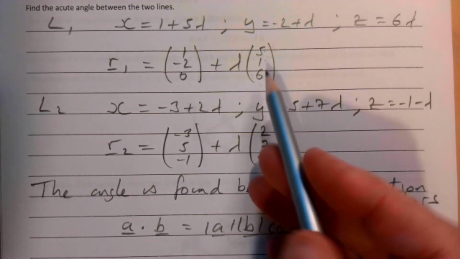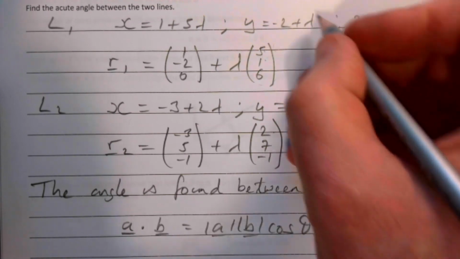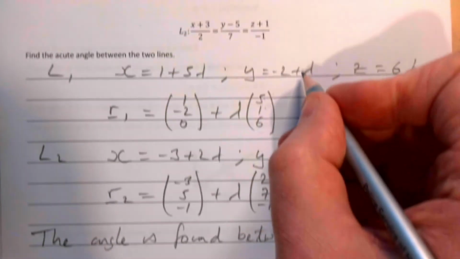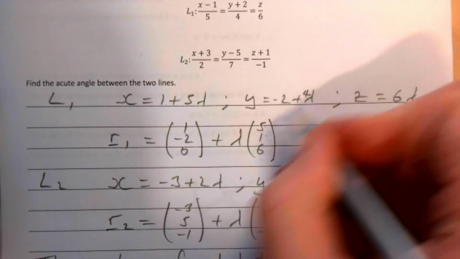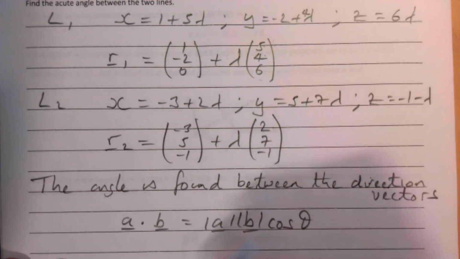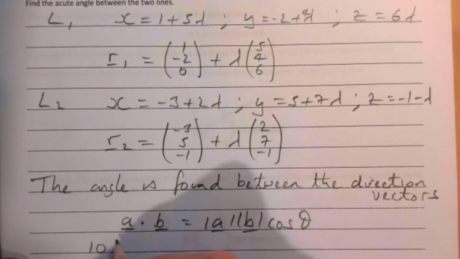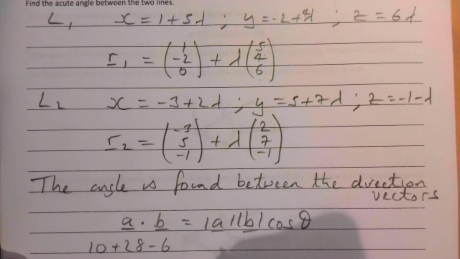Have I made a mistake here? Is that a 4? That's a 4. Sorry. Right, let's go back. Goodness. It's this one here. That's a 4 lambda. That's a 4. So we're okay. Yeah, so we are going to have 10 plus 28 minus 6. Sorry about that. I always make mistakes.